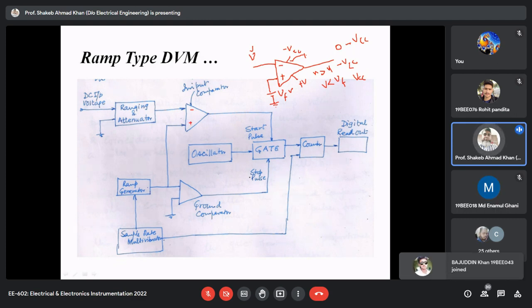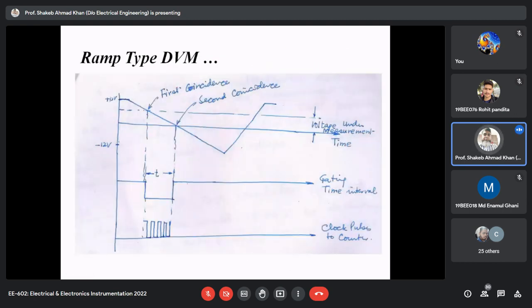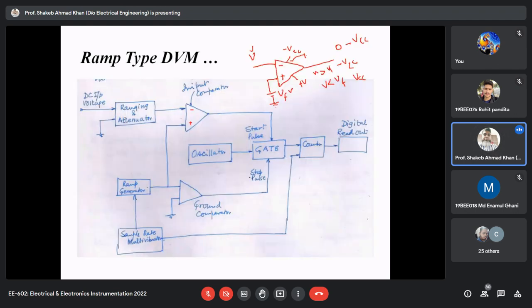So when your ramp voltage is more and your input voltage is less, during this region from here up to this point, obviously your input comparator output will be plus VCC.